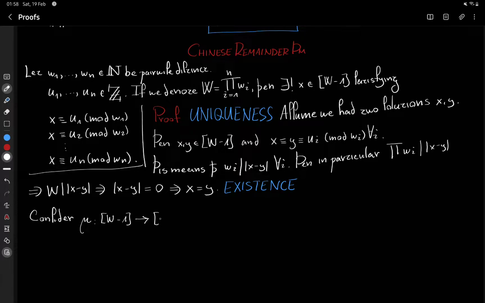So that will be W1 minus 1 by W2 minus 1 by dot dot dot until Wn minus 1, or in more compact form like this.